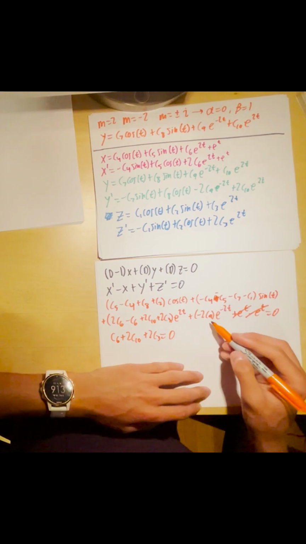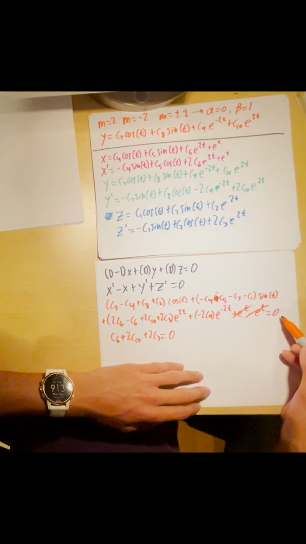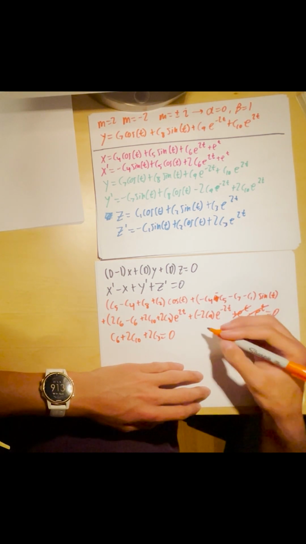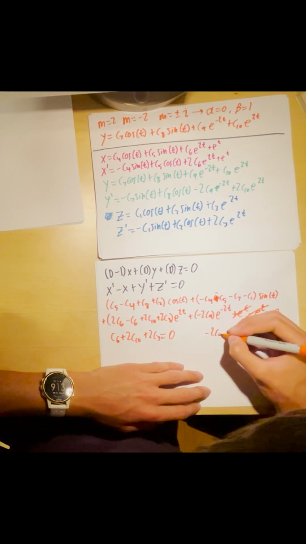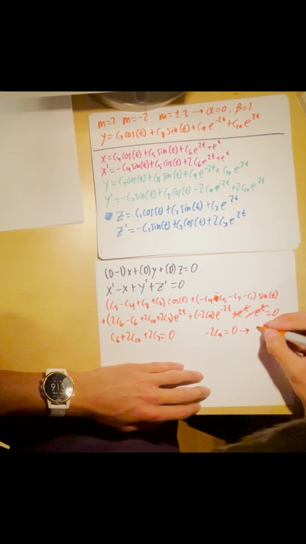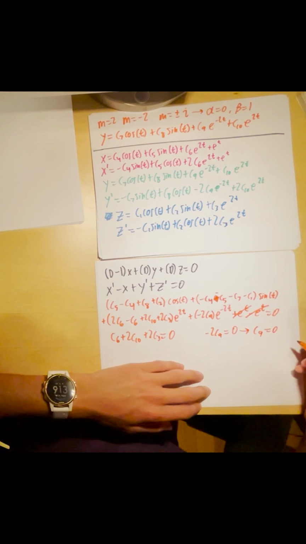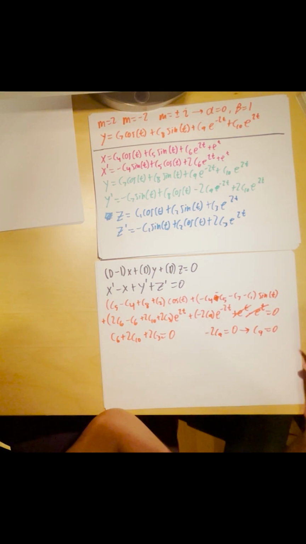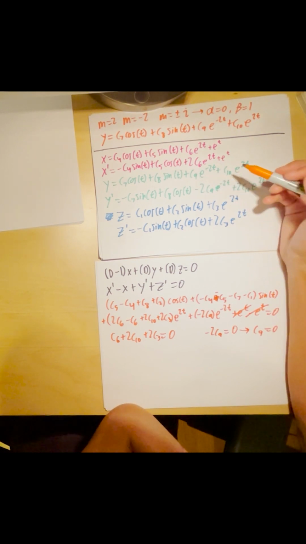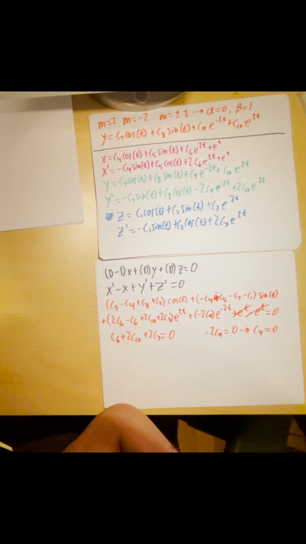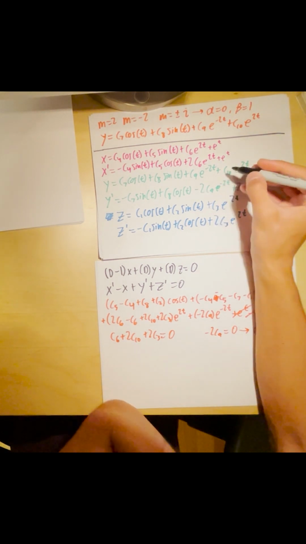This is where it gets interesting. There's no e to the negative 2t term, so the coefficient negative 2c9 must equal 0, which shows us that c9 equals 0. From there, we can eliminate these terms from y because the coefficient in front of them is 0.